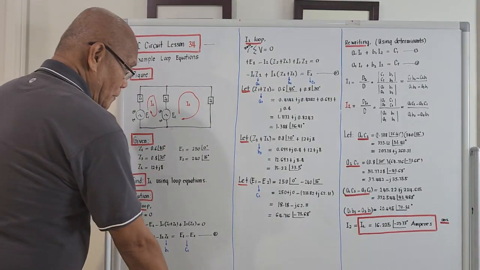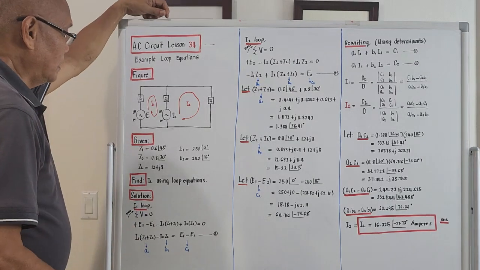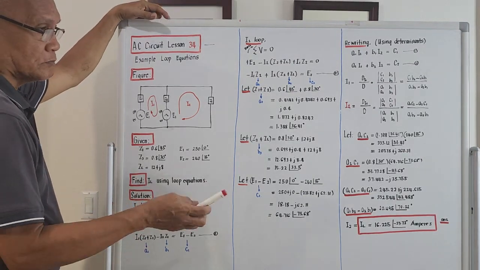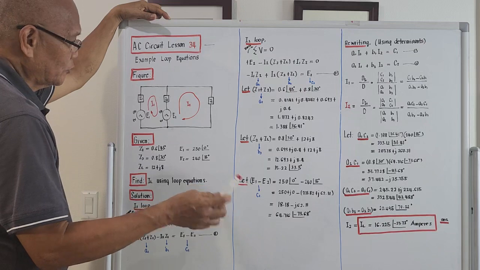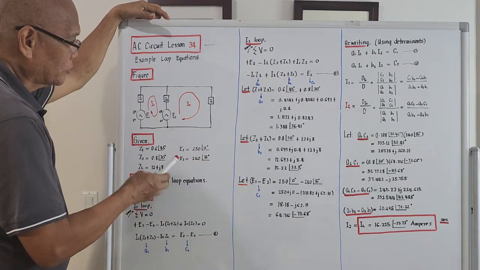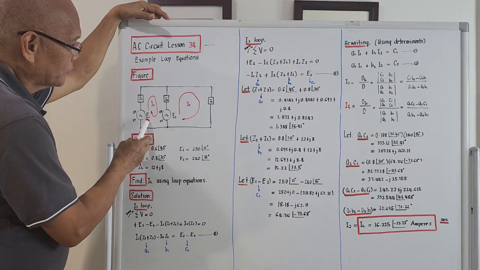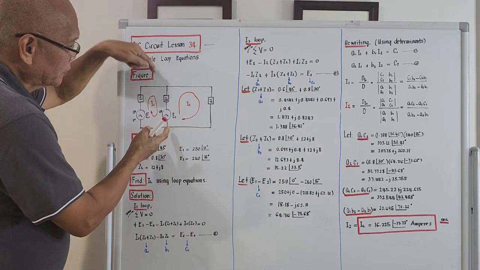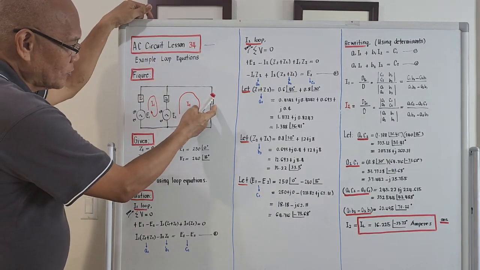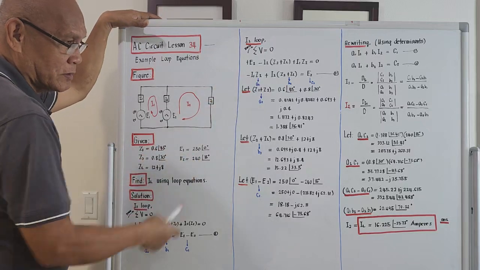We are given an alternating current circuit. We are given two voltage sources E2 and E1, and connected across the load is Z sub L, meaning a load impedance.